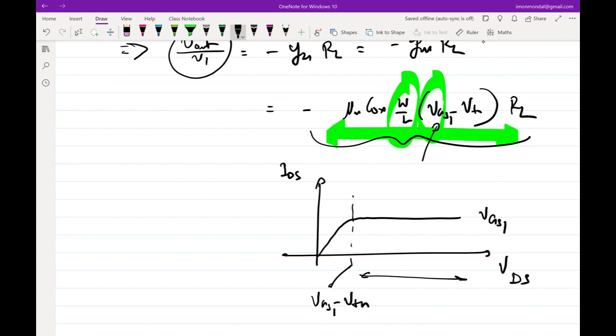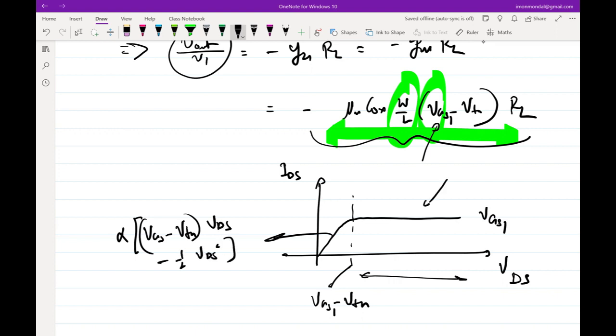Note that in this region, the current is proportional to VGS minus VTH times VDS minus half of VDS squared. And in this region, it is proportional to half of VGS minus VTH whole square. Sorry.